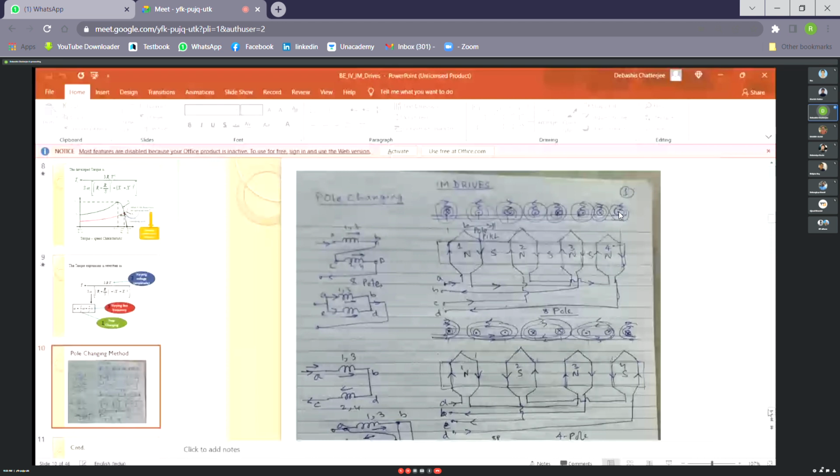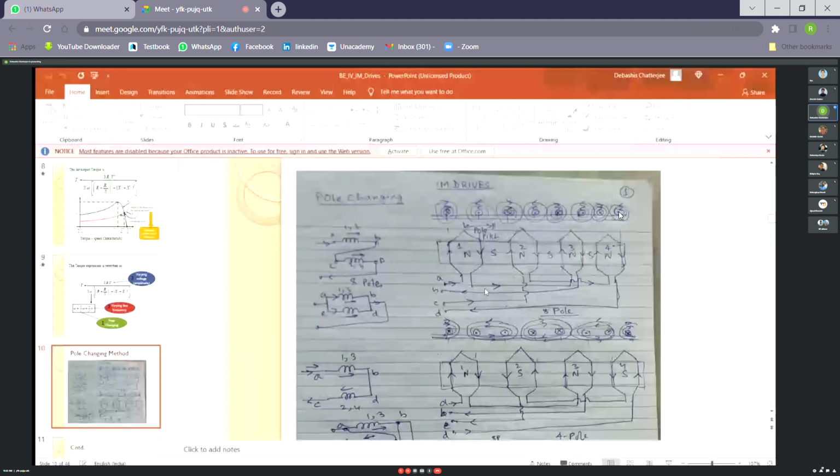So if you open, I think all of you have probably performed the experiment on AC machines. There, you had seen the coils in the stator slots. Winding in the stator slots are in the form of some coils, right? So these coils actually form poles.